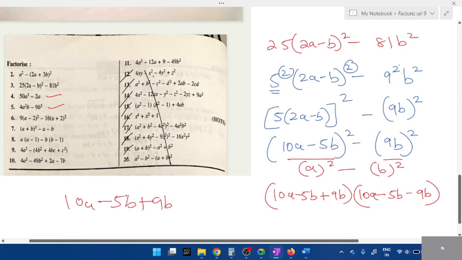Can you add or subtract them? You have to take along with the sign. Surely you just can't add 5 and 9. Okay, you have to take along with the sign. Do add or subtract now. Plus into minus is minus. 9 minus 5 is how much? 4b. 9 is greater, so it should be plus 4b. Yes.